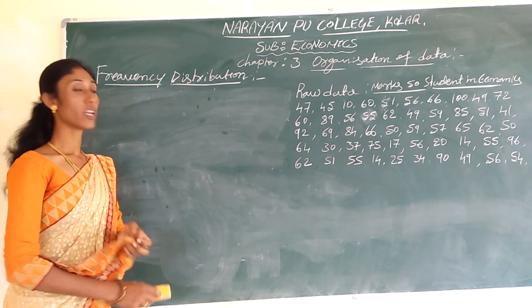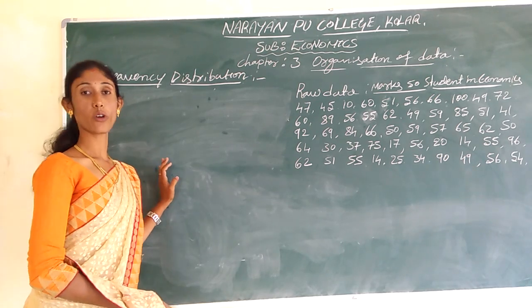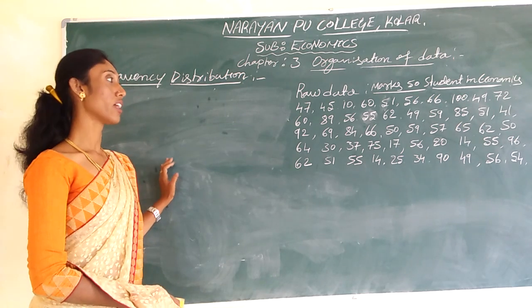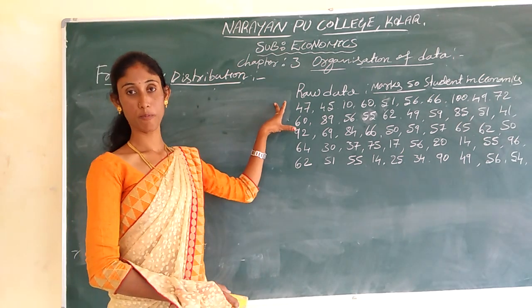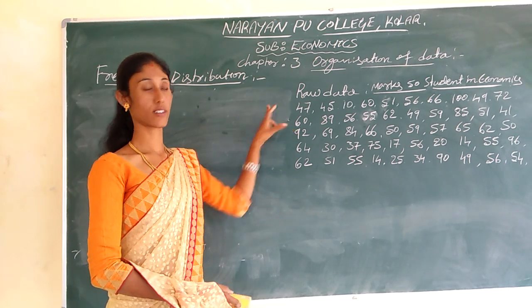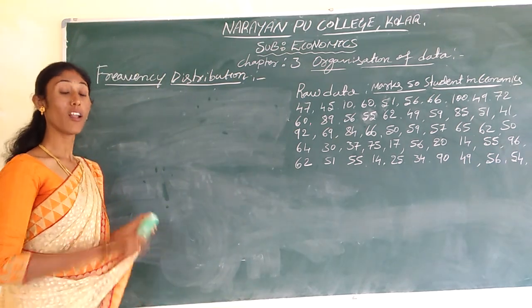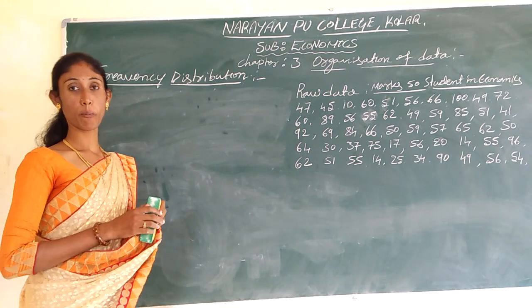Now we'll discuss how to draw a frequency distribution table with the help of raw data. Before going to the frequency distribution table, what are the columns we need to maintain?